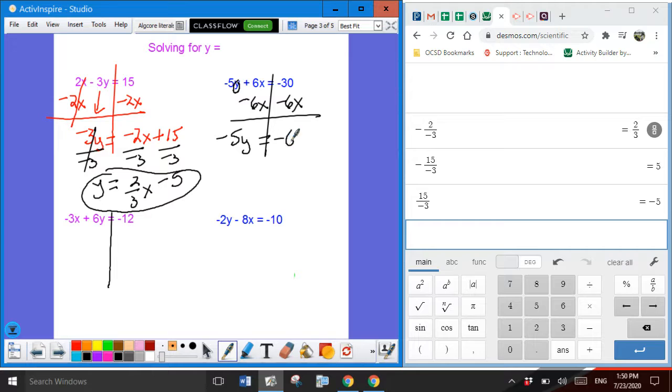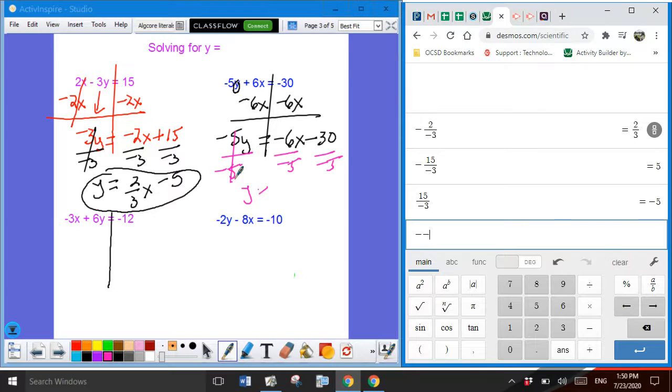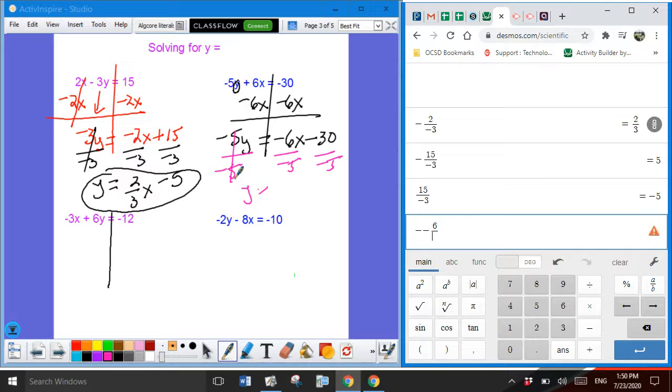Remember, the x is going to go first, so those two just drop. They're hanging on to each other. Divide 3 times. -5, -5, -5. This crosses out. -6 divided by -5, fraction, +6/5.